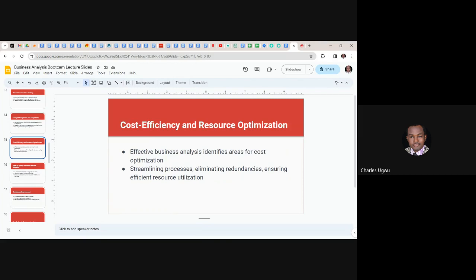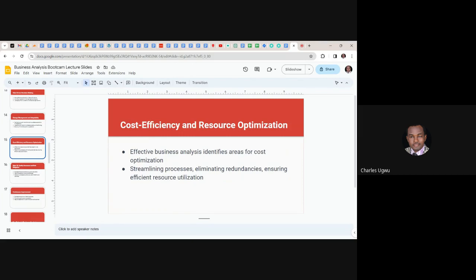Business with a lean approach in business analysis, we call it the lean approach. It helps in resource waste reduction, and Six Sigma in process improvement. These are techniques applied at this point to save resources, reduce waste, and improve efficiency.